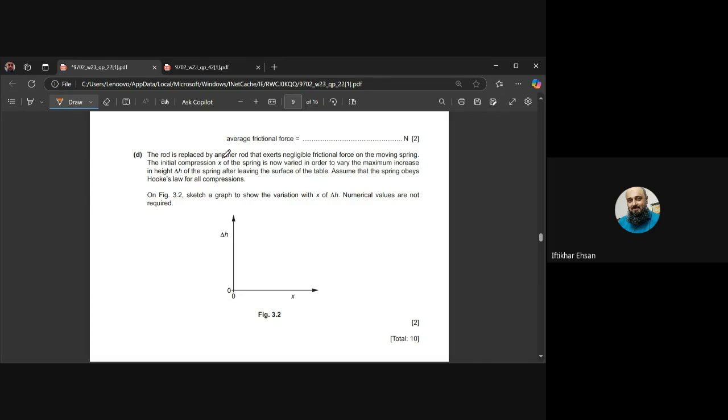X is the compression. The numerical values are not required. So, beta, if you do not compress, it will not go to any height, so the first point should be there.